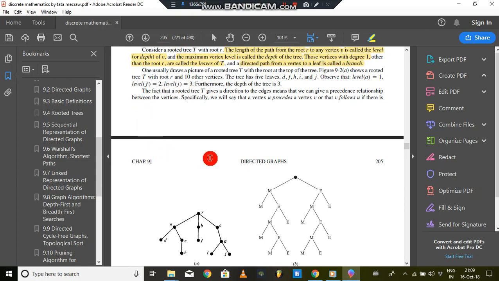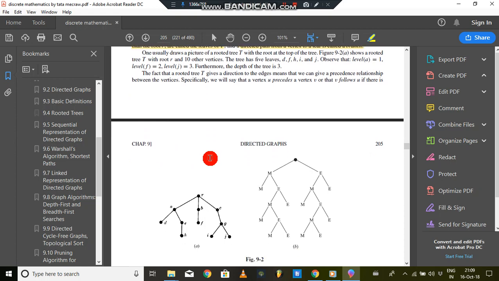One usually draws a picture of a tree T with the root at the top of the tree. See in this figure, it shows a rooted tree T. So this is the rooted tree with root R, and 10 other vertices.